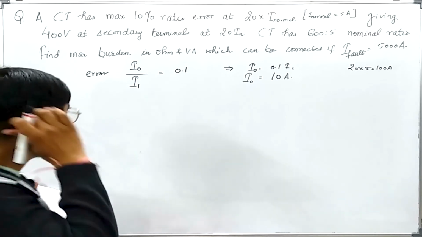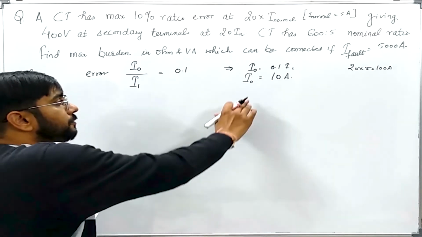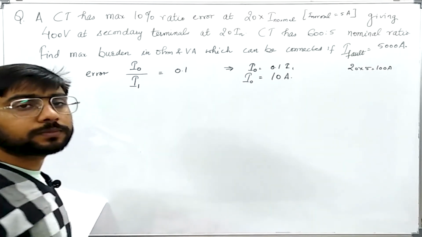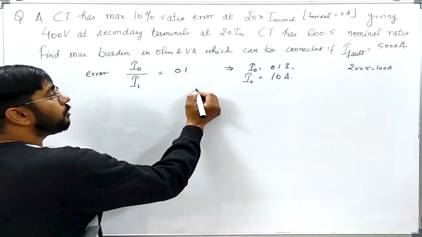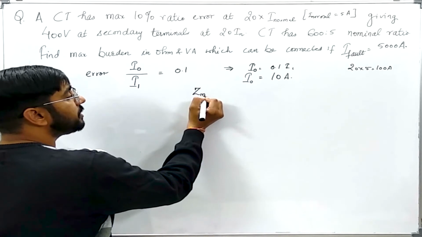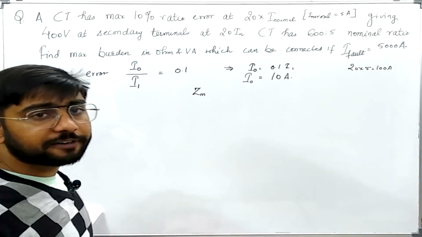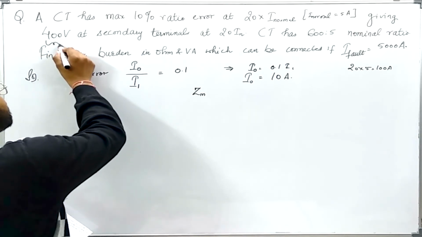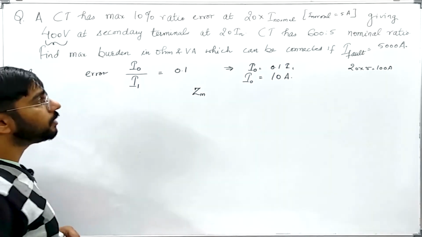Now we have seen that this I naught has been decided. Now we can find the value of the impedance of the magnetizing branch referred to the secondary side, because we have been given the value of the secondary terminal voltage.